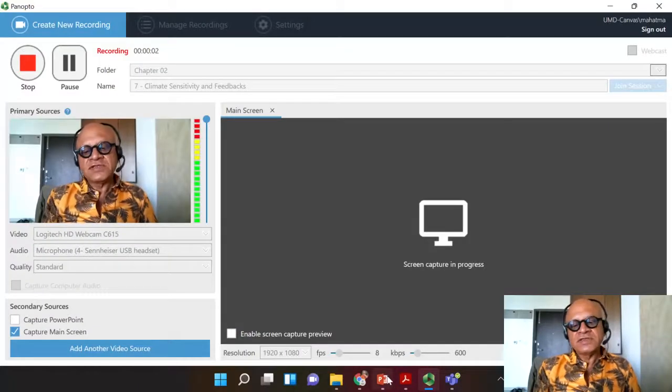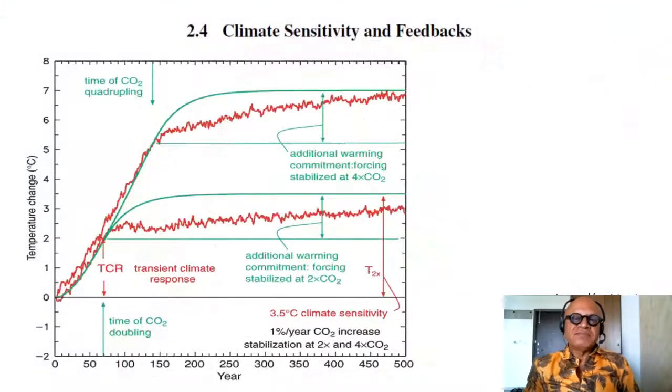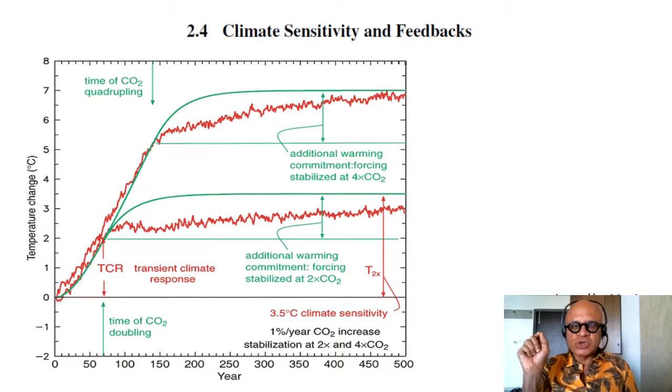So let's revisit this climate sensitivity, which you have already talked about a couple of times, and add the modeling angle to it. But before I go to it, I wanted to also say a bit more about the climate sensitivity issue we are worried about for the future, and what are the various things that go into projecting.